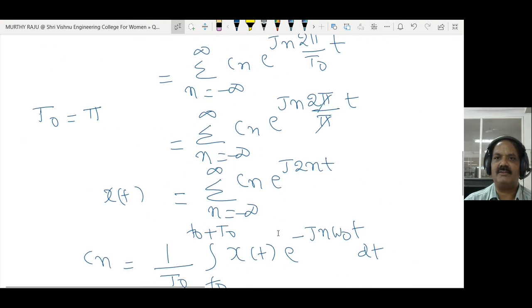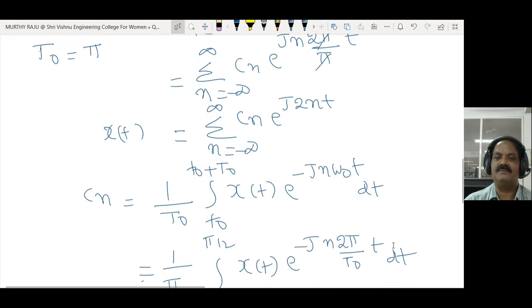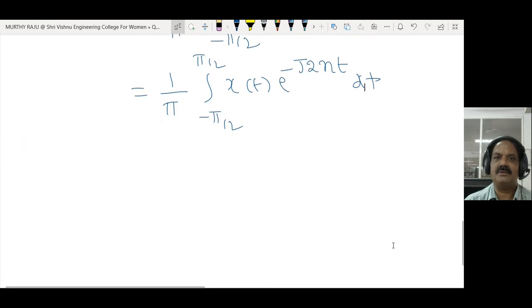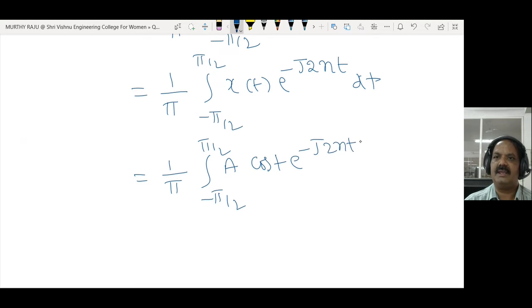Here x of t is the fundamental equation, x of t is A cos t. Substituting, Cn is 1 by pi integral from minus pi by 2 to plus pi by 2 of A cos t e power minus j 2n t dt.